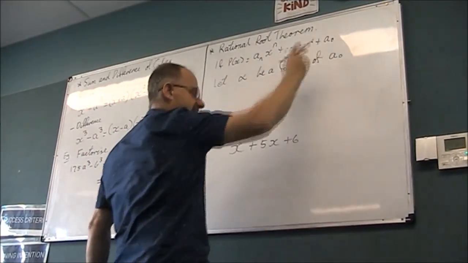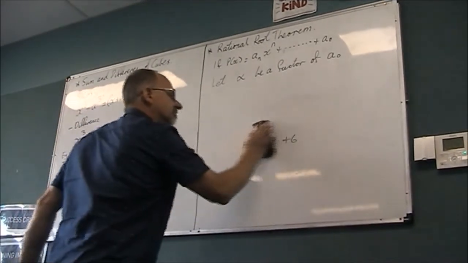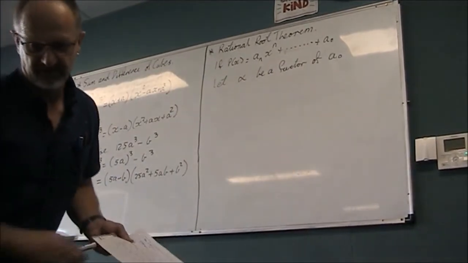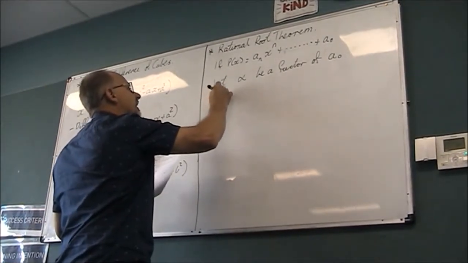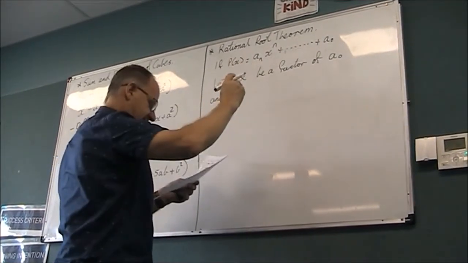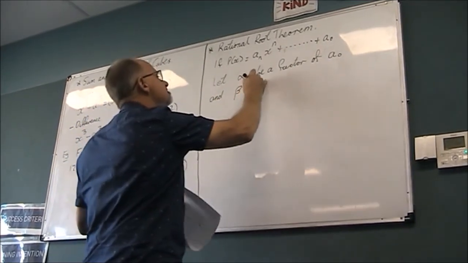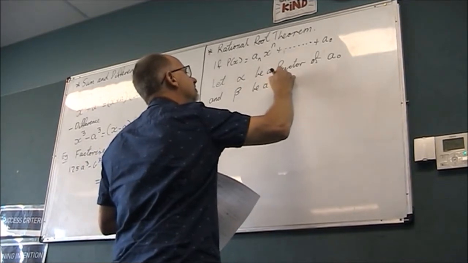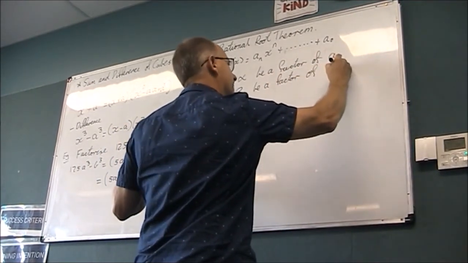So we're looking for factors of the number on the end. The other thing we need to look at is we might have a number on the front. And so beta is a factor of the number on the front.